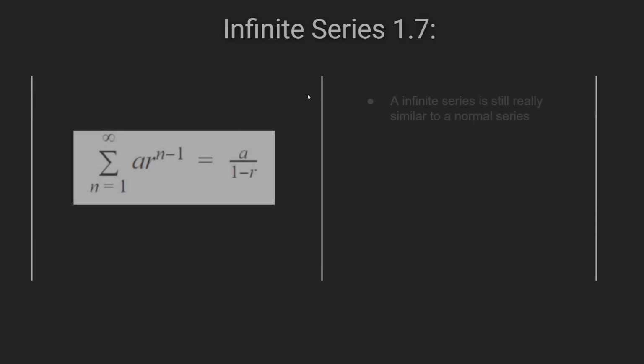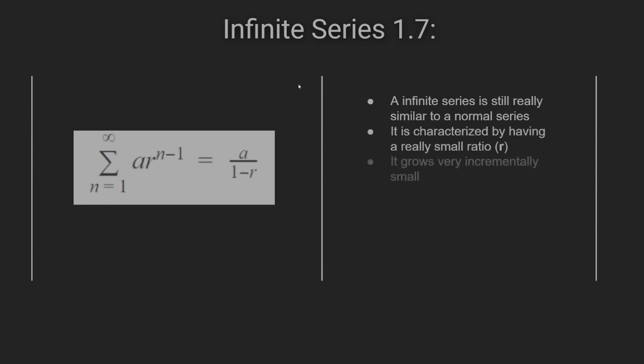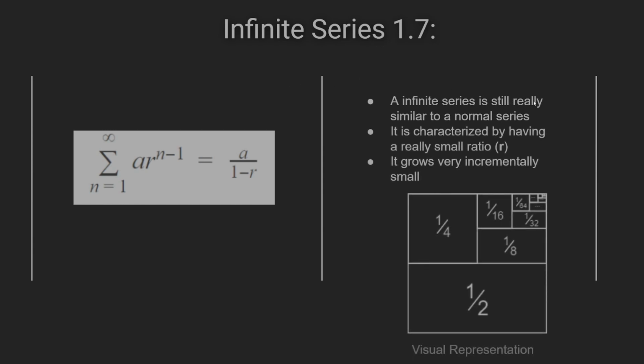Okay, infinite series. An infinite series is still really similar to a normal series, except that its key characteristic is usually having a really small ratio, so it will grow very small and incrementally.